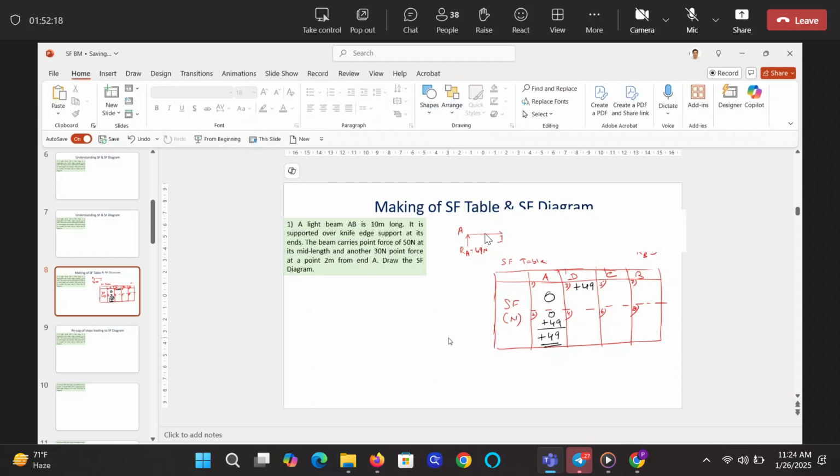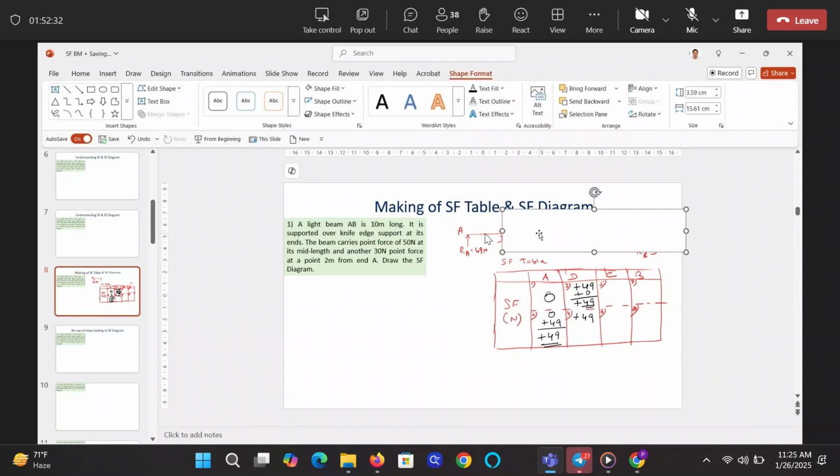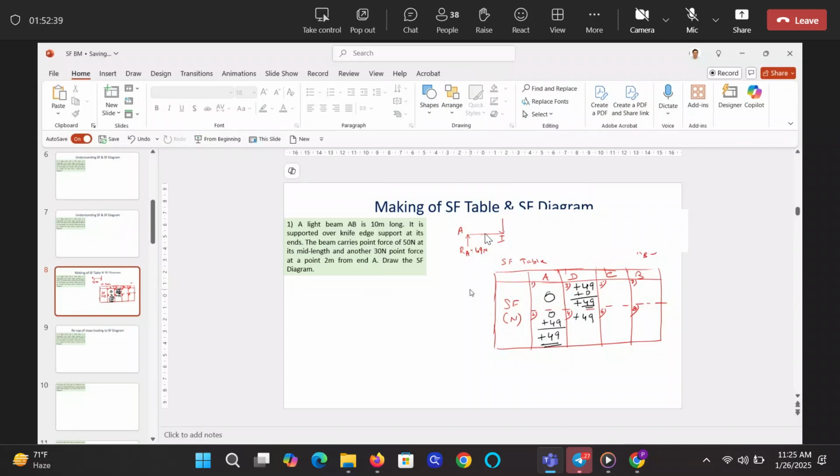Is there any new force? No, sir. So the change is 0. It will remain plus 49. I bring this plus 49 down here, and then I move my paper just to the right of D. What happens? Minus 30 comes into picture. Correct, class? So minus 30 becomes plus 19.